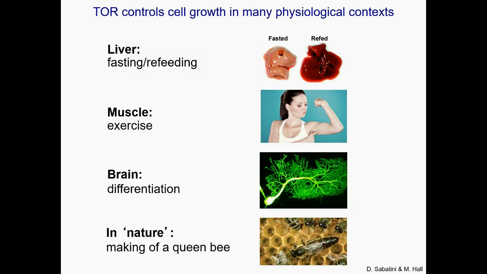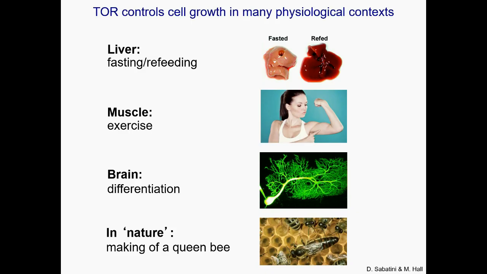So the conclusion from this is that TOR controls growth very widely, in many different physiological contexts, and also in many different organisms. Essentially any case in eukaryotic biology where you see a change in cell size, there's a strong likelihood that TOR is somehow involved. So how does TOR actually control cell growth?